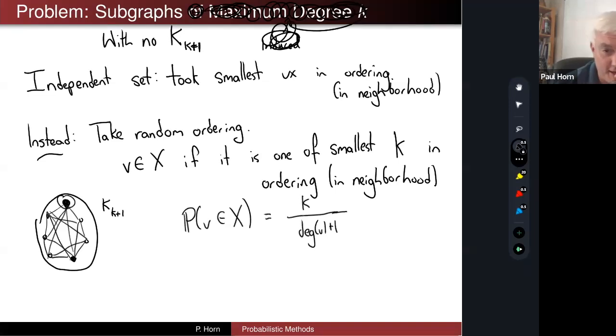I need to be a little bit careful here because this could be bigger than 1. So really what I get here is the minimum of these two things. If my degree is small enough, I will always be one of the smallest K in my neighborhood. But otherwise, this probability will be less than 1.